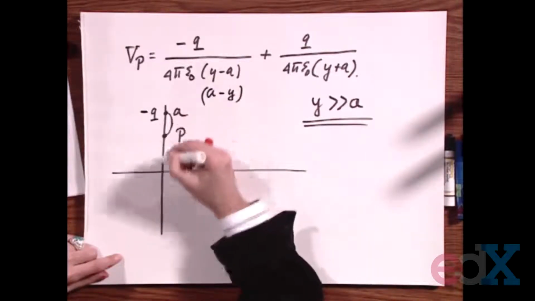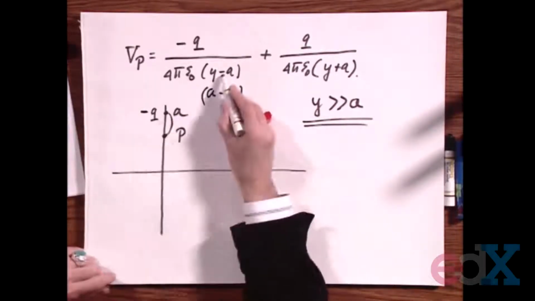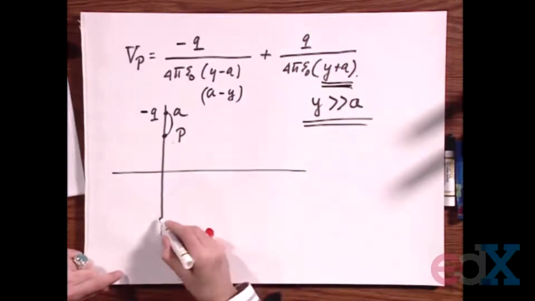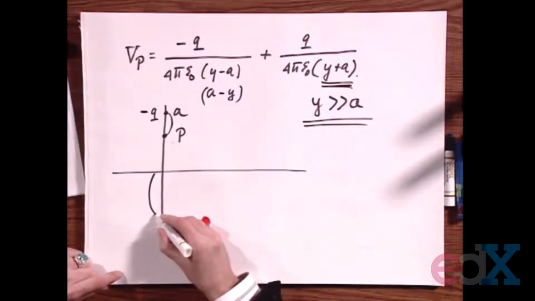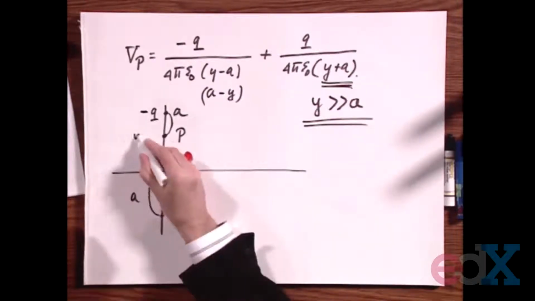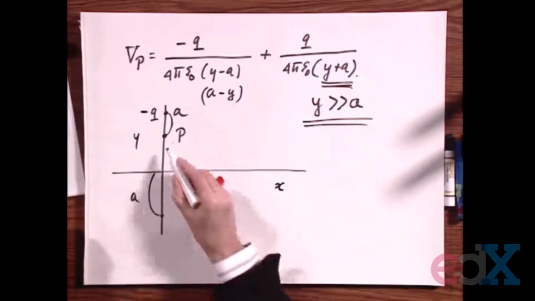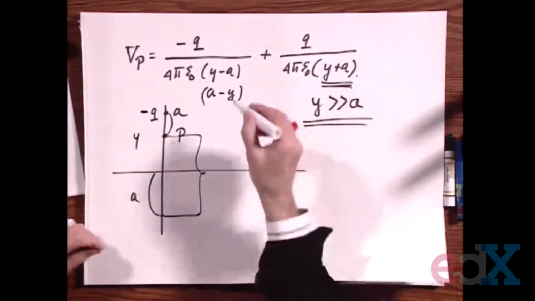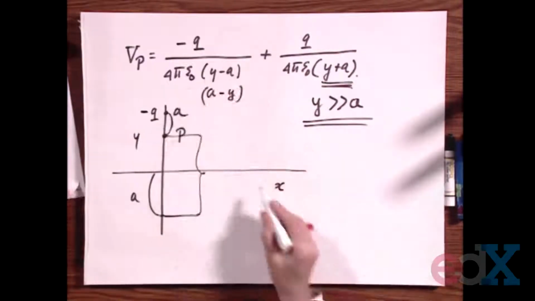That is now the distance. And so this changes. However, this part does not change, because if I am here at a distance a below the y-axis, this is the y-axis and this is the x-axis, then this separation remains y plus a. So it's only this term that changes.